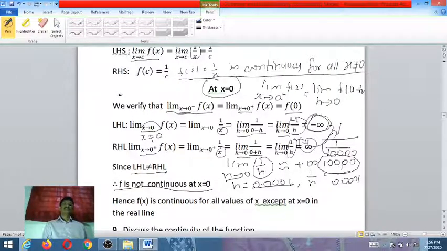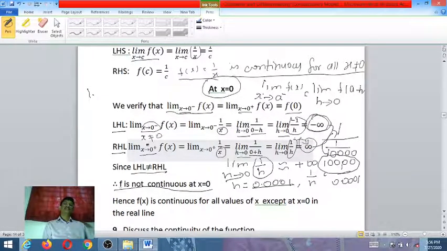Here we already know it is not continuous because f of 0 is not defined. Even though the left hand limit can be defined and the right hand limit can be defined, because x tends to 0 minus means x is not actually 0 here, therefore we can define this quantity and the value will be minus infinity, and this will be plus infinity.